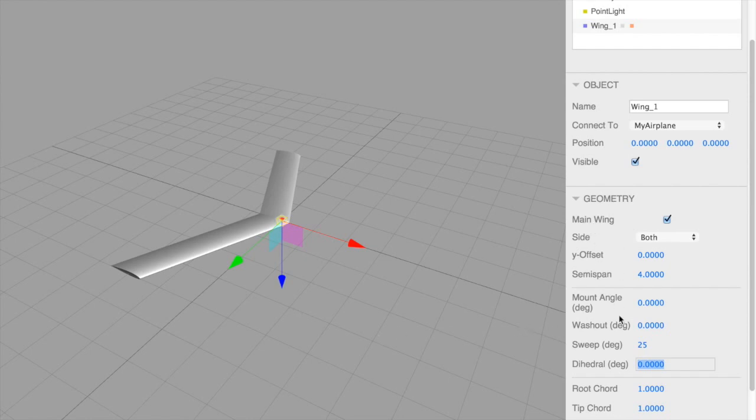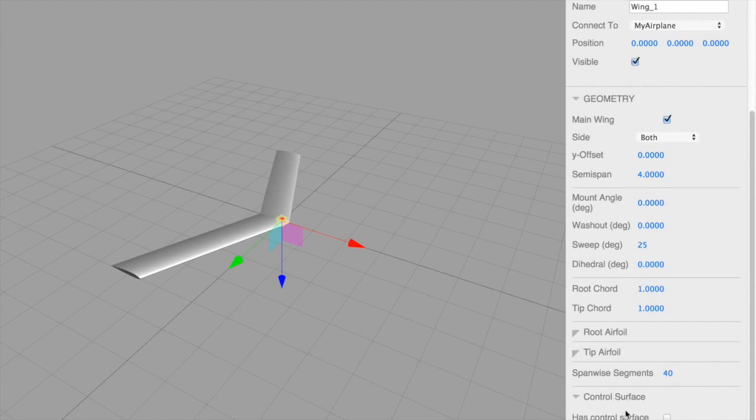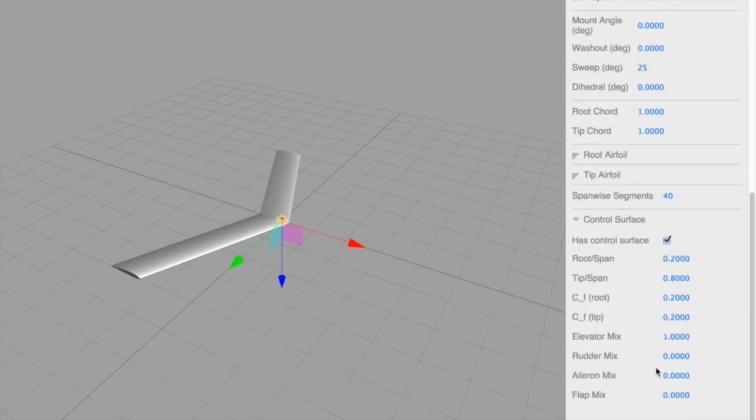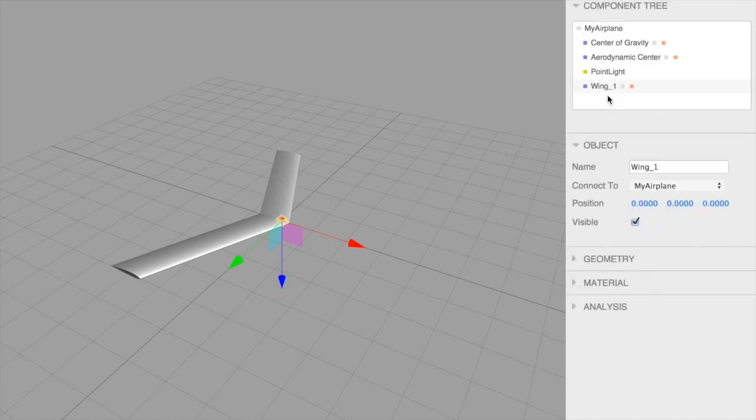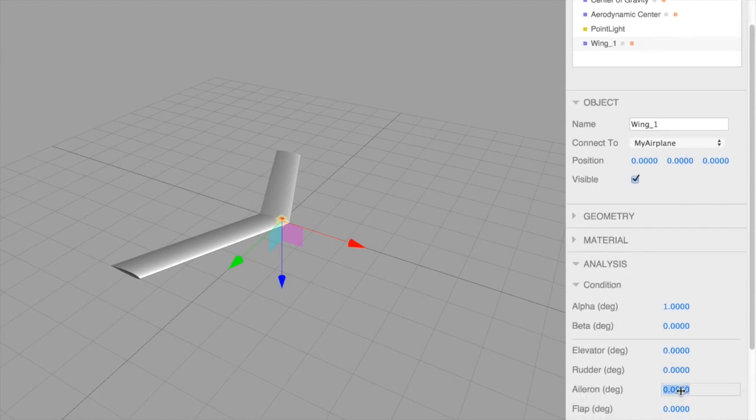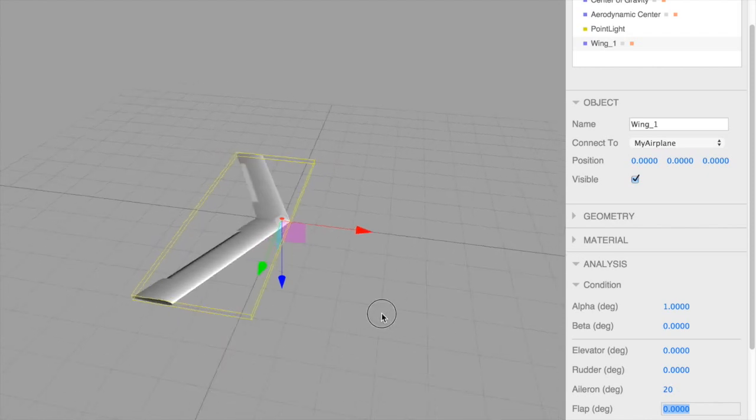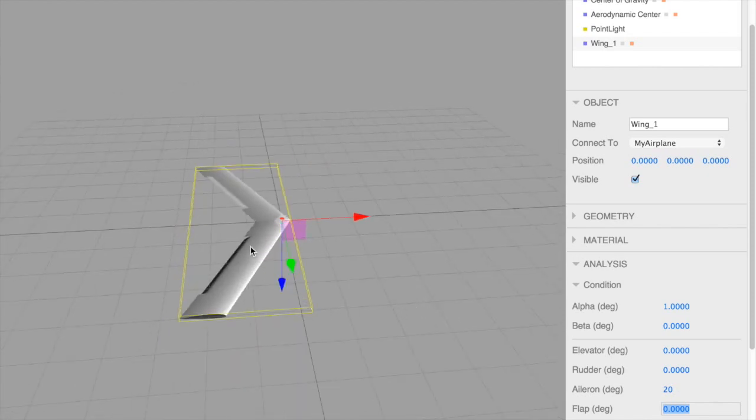So for example, I'm going to add a control surface, and we'll hook this up to the aileron. And now if I give that 20 degrees of deflection, you can see that the right aileron is deflected down, the left aileron is deflected up.